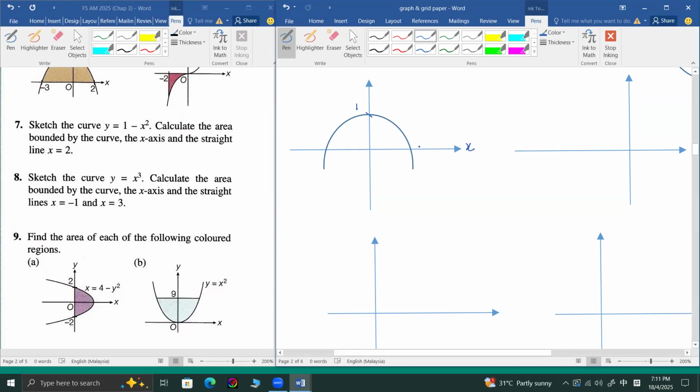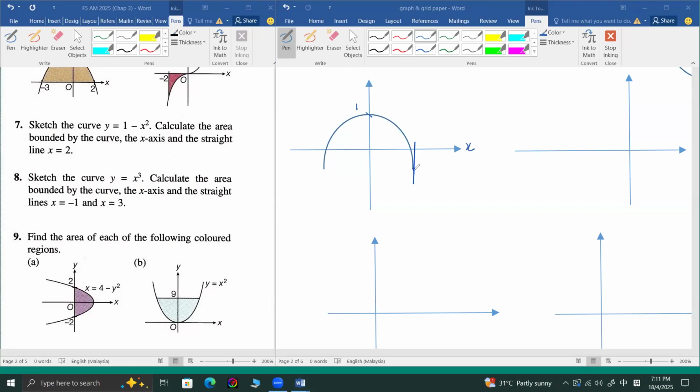Straight line x equal to 2 here. That's one line here. Maybe I need to make it a bit longer.